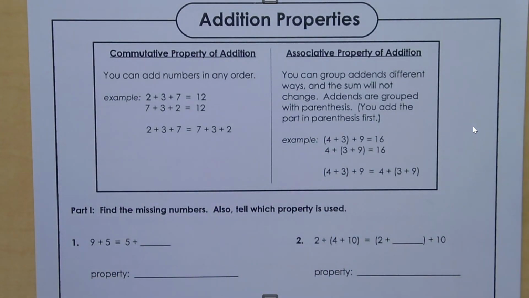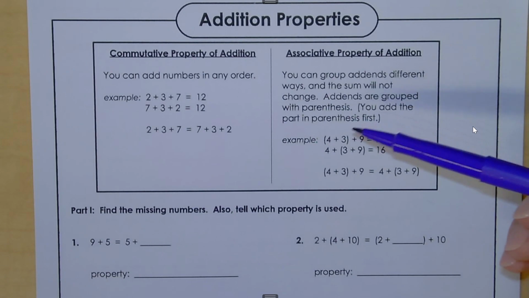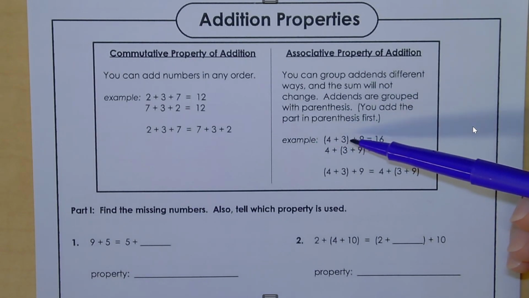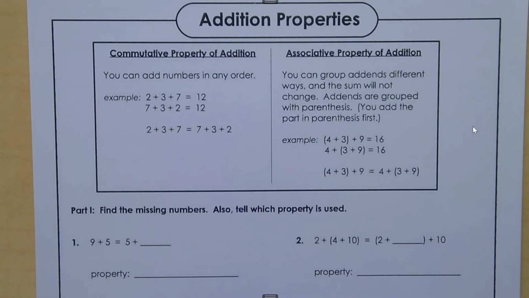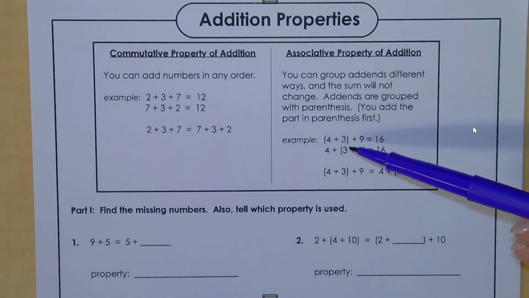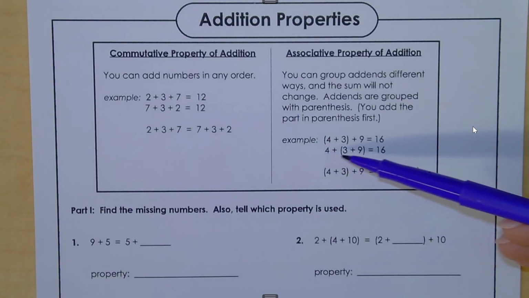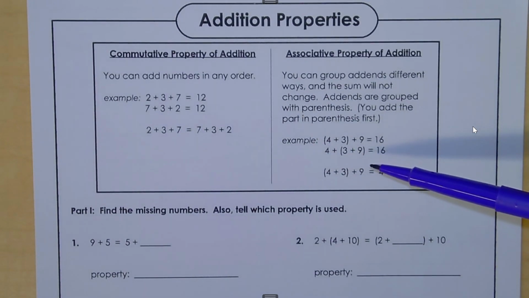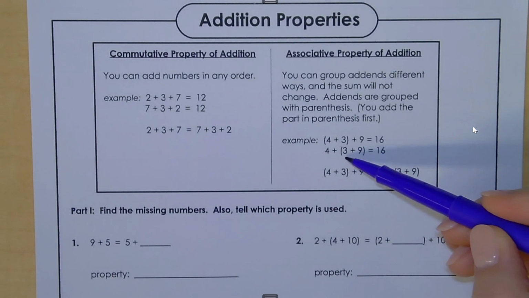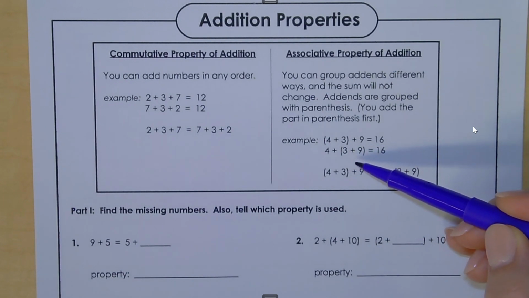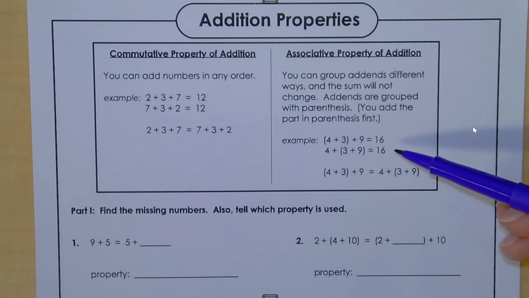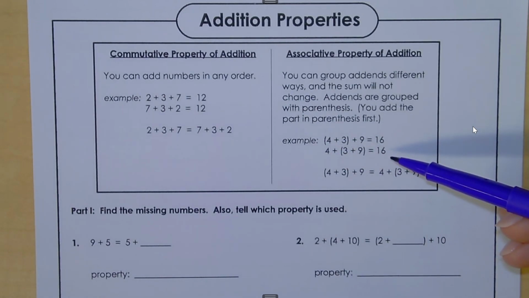Okay, so if I first have 4 plus 3 plus 9, my sum is 16. But if I move my parentheses and I put them around 3 plus 9, I'm not going to read this problem left to right because you do what's in the parentheses first. So I would add 3 plus 9 first, and then add the sum of that to 4, and my answer is still going to be 16.